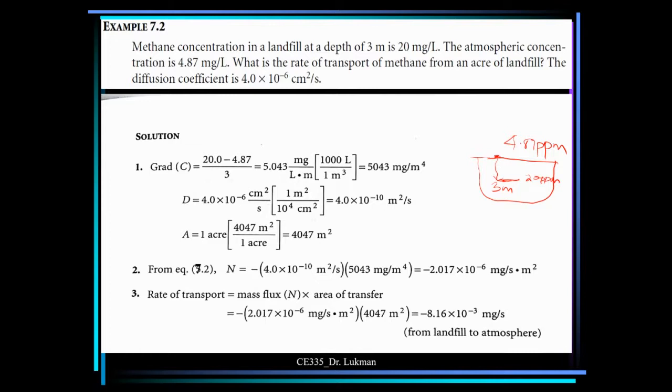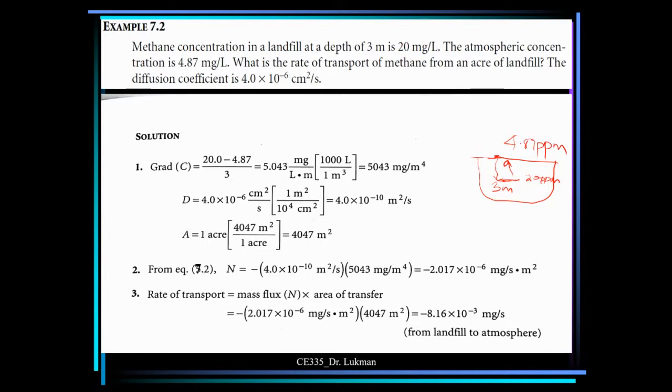So there is a difference in concentration. So the methane will move from the region of higher concentration to the region of lower concentration, isn't it? So it will diffuse up. Okay, there will be diffusion, because there is a concentration gradient that is created here.